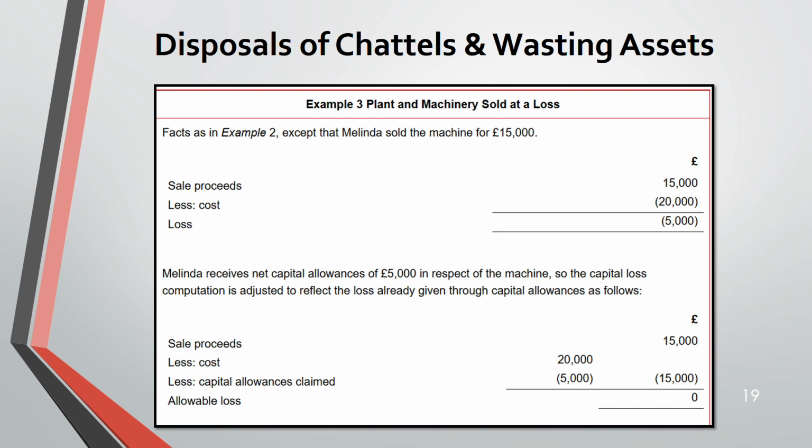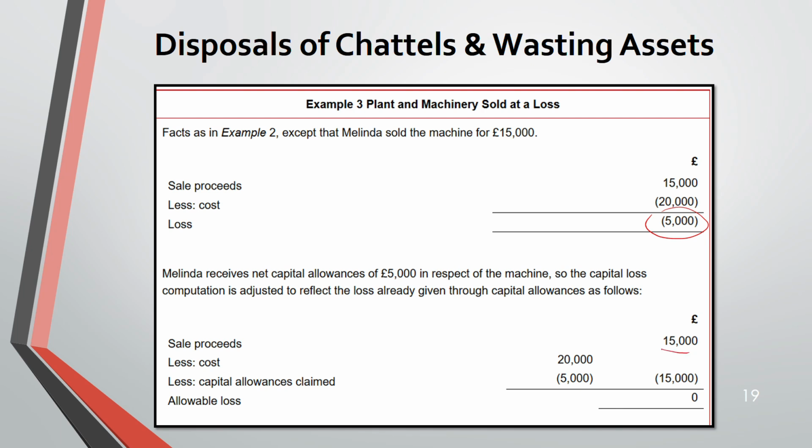Now, example 3, when you are selling at a loss. The cost remains the same, but you are selling it for 15,000. So 15 minus 20, there is a loss of 5,000. The capital loss computation is adjusted to reflect the loss already given through capital allowance, like this. You have 15,000.